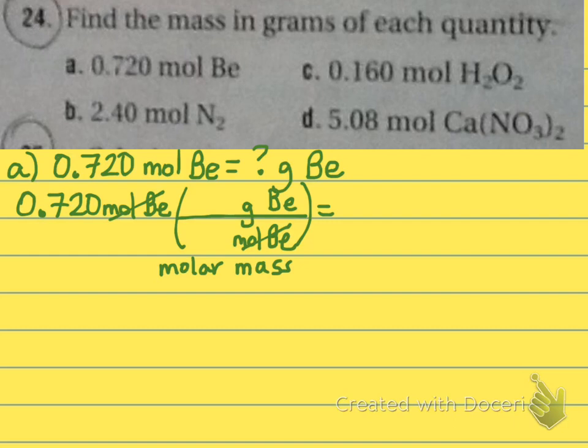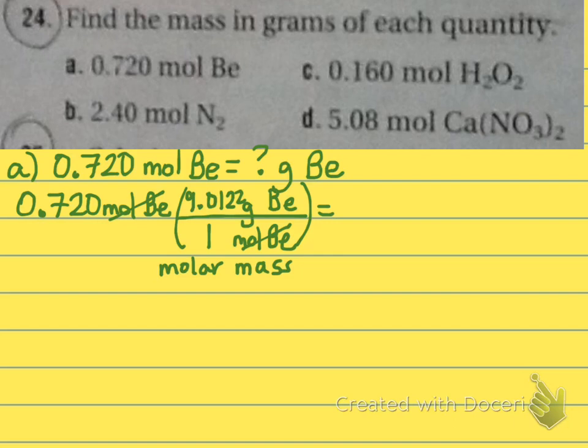So when you look at your toolkit, the unit in front of molar mass, or units for molar mass in front of moles, are always 1. The number for grams comes from your periodic table. So you're going to look at your periodic table, find beryllium, and find its mass, which is 9.0122. Make sure you use at least 3 significant figures because 0.720 has 3.